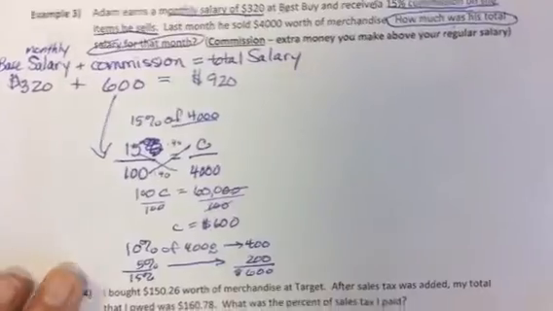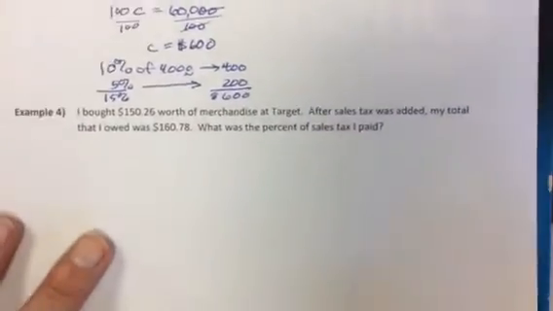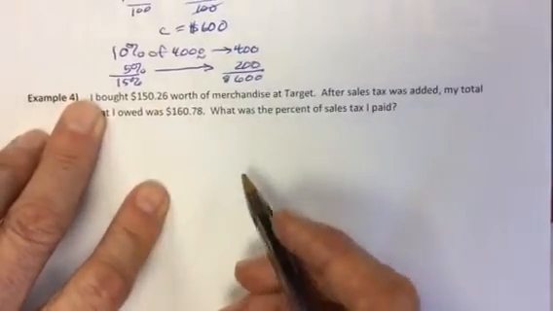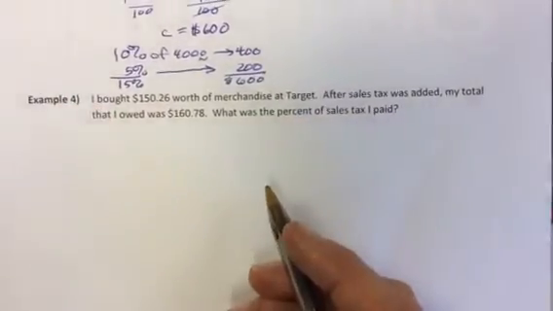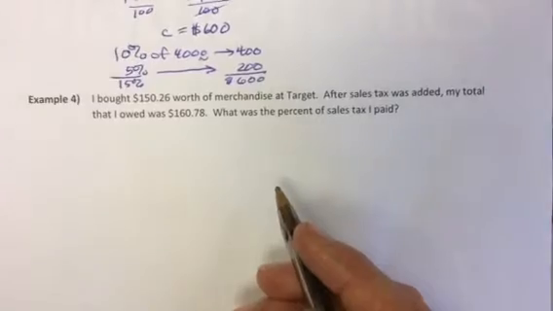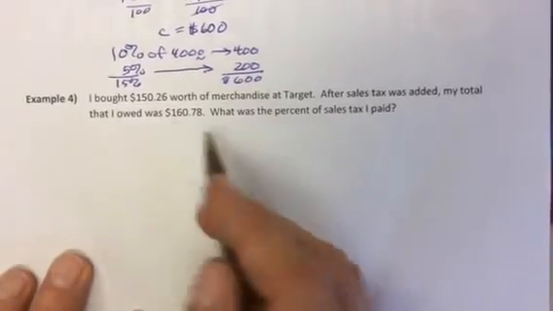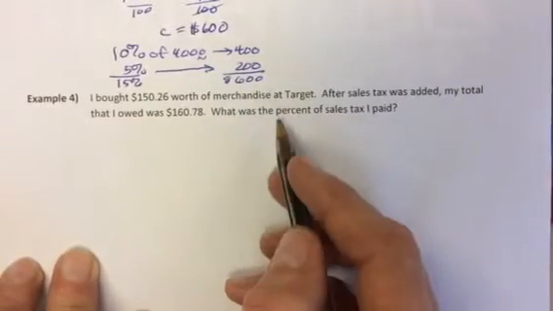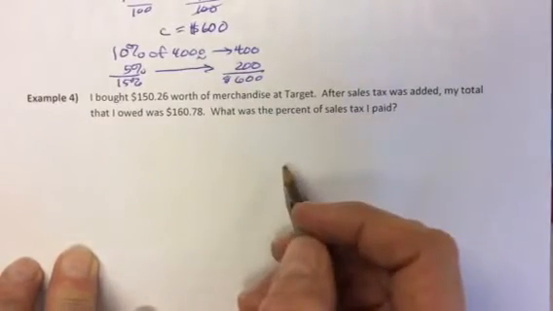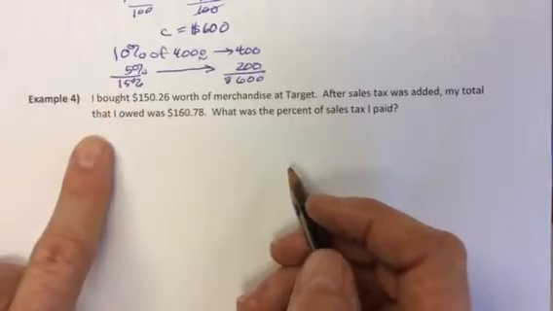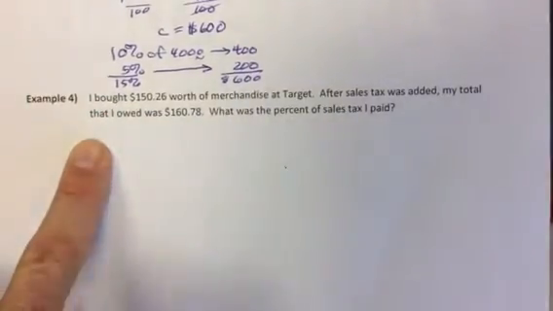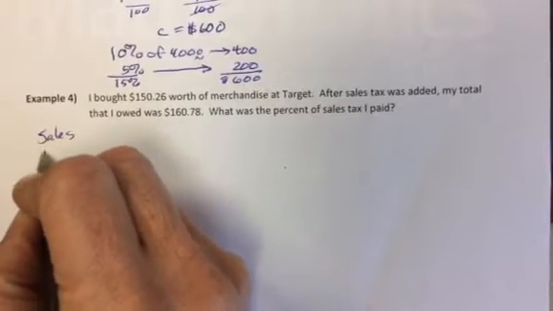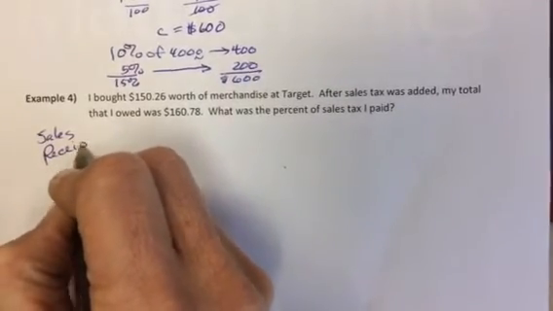All right, so then the last example, it says, I bought $150.26 worth of merchandise at Target. After the sales tax was added, my total that I owed was $160.78. What was the percent of sales tax that I paid? When you look at your sales receipt, here's how they would put it.